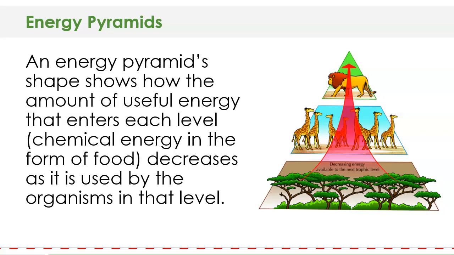Your apex predators have the least amount of energy available. And so they are at the top or the smallest part of the pyramid. As it happens, that also matches up with how it works with biomass. So not just the energy, but also the matter that makes up this ecosystem. There is much more biomass at the lower trophic levels than there are at the higher trophic levels. So many, many more producers than there are apex predators.